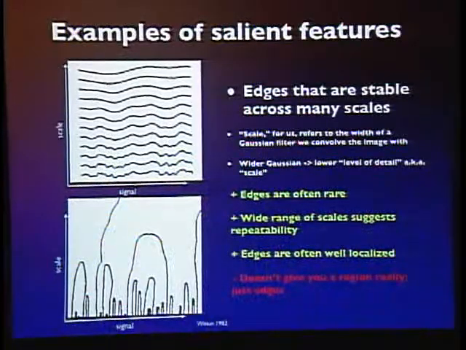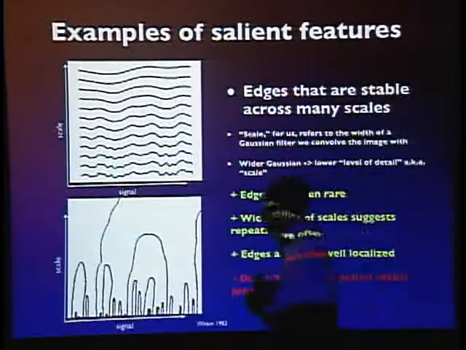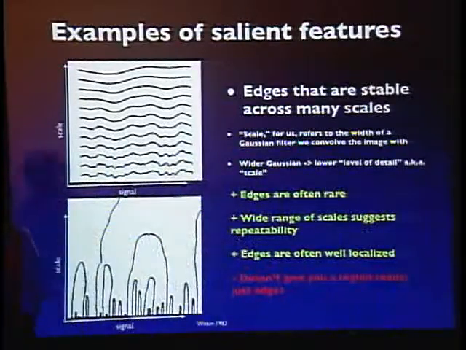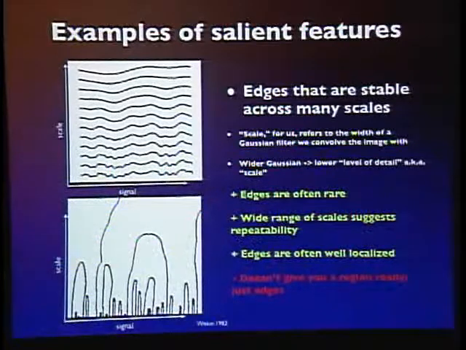So kind of by construction, any edge that I can see across a wide range of scales is going to be repeatable if I vary the scale of my image. So if I zoom out of that object and take another photograph, I should be able to see most of the things that are present across a wide range of scales. And edges are often well localized. However, we talked about why that can be problematic if you do too much smoothing.